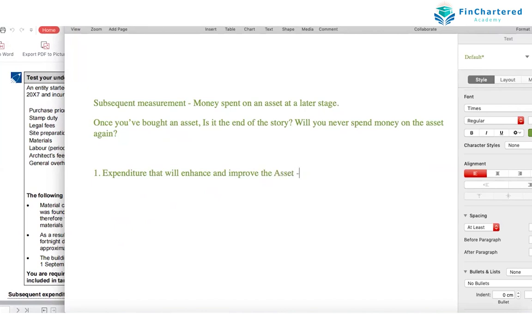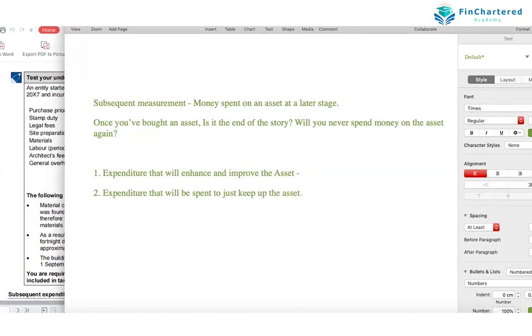For example, when I added the turbo in the car, that was expense that will enhance the car. And second is expenditure that is just needed to upkeep the asset. That will be spent to just keep up the asset.